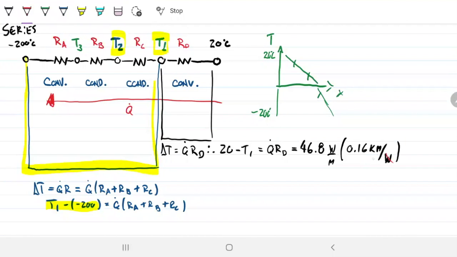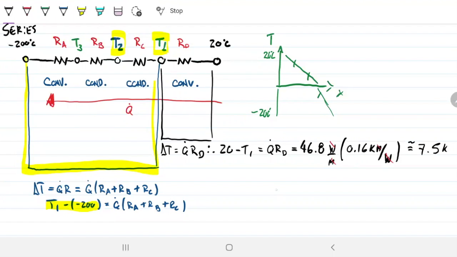So our watts and watts go away. Our meters in this case don't really matter because they would go away regardless of whether it's 1, 2, or 3. I didn't really calculate the difference because I did the whole thing straight off, so let's do it quickly. 46.8 times 0.16 is about 7.5 Kelvin or Celsius.